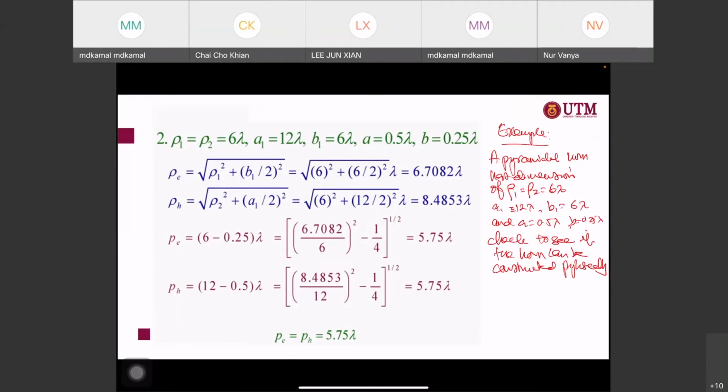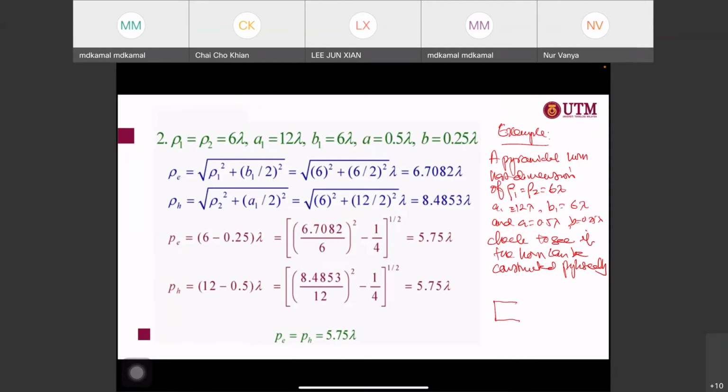If a pyramidal horn has dimensions of rho 1 equal to rho 2 equal to 6 lambda, A1 equal to 12 lambda, B1 equal to 6 lambda, and A is 0.5, B. If you construct the pyramidal horn, you can see you have it like this.